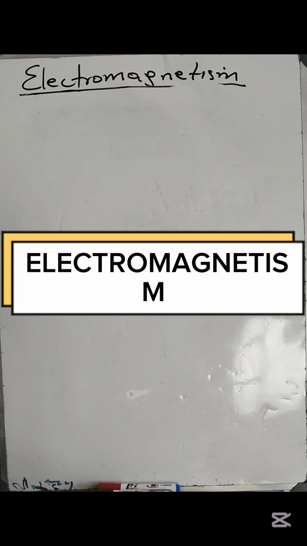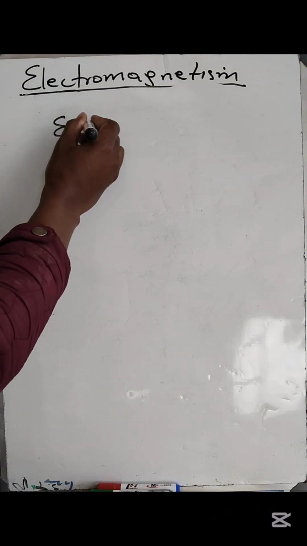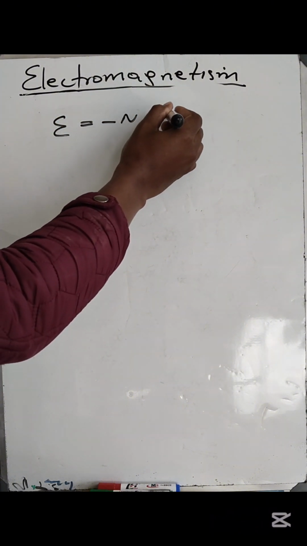The first question says, define or state Faraday's law of electromagnetic induction. Faraday's law states that the induced EMF across a conductor is directly proportional to the rate of change in magnetic flux.